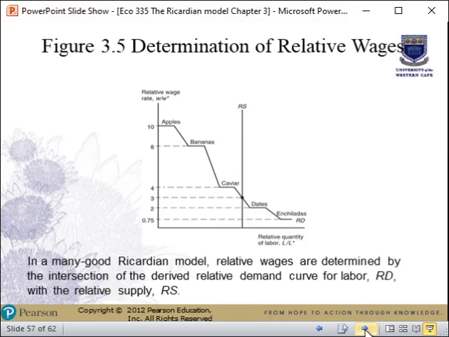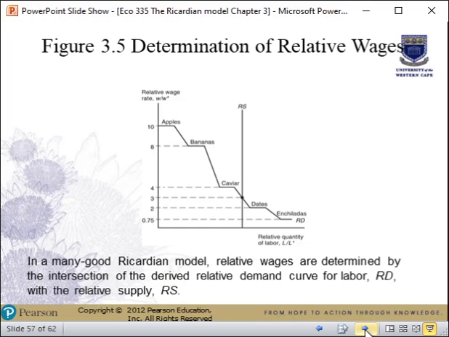Figure 3.5 illustrates the determination of relative wages. The relative wage is determined by the interaction of the relative supply and the derived relative demand for labor. Assuming the number of person hours available does not change with the wage rate, the relative wage will not have any effect on labor supply.